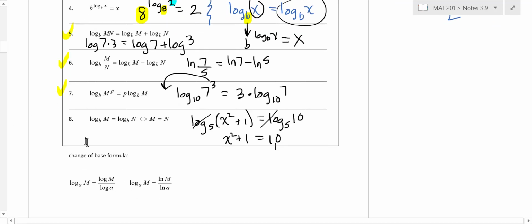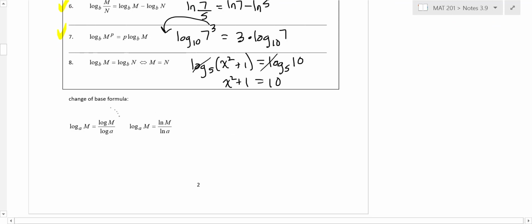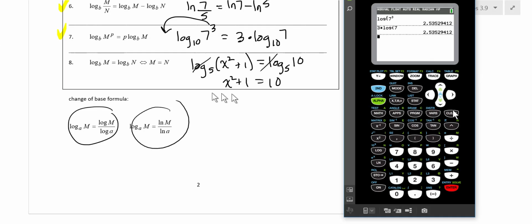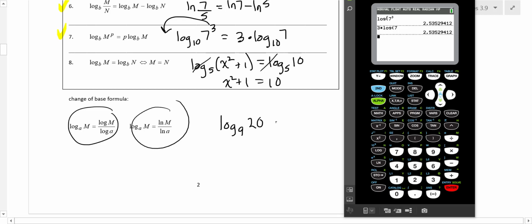The other thing that you want to make sure you know in this section is the change of base formula. That was on your first test. We did that very quickly at the beginning of the semester because I knew it was going to show up again. So as an example, real quick, if you needed to do, for instance, the log base 9 of 20, you do it like this.